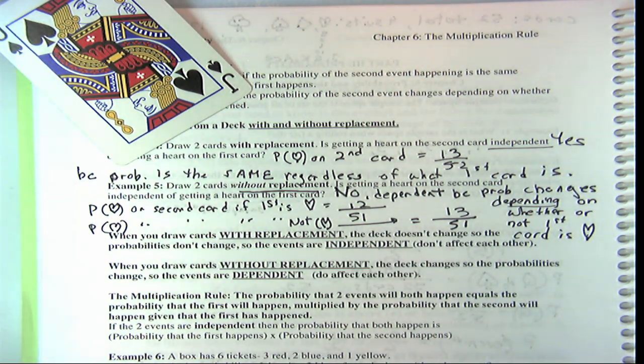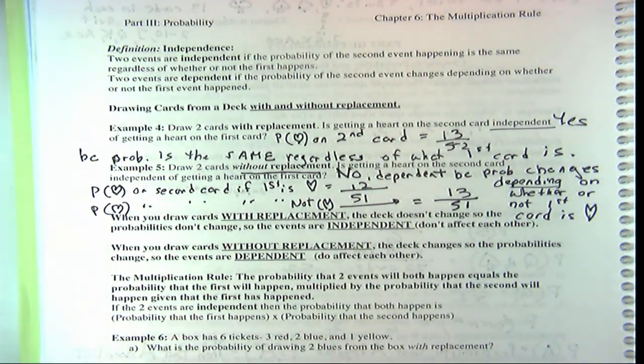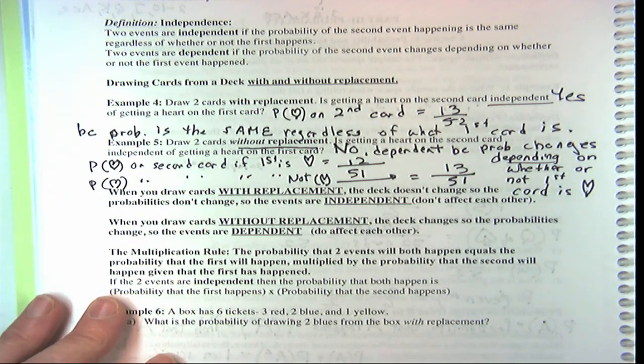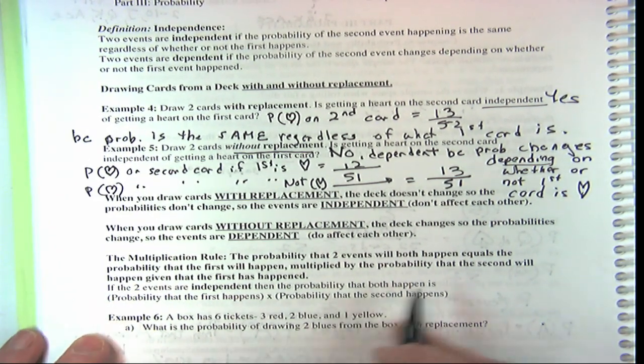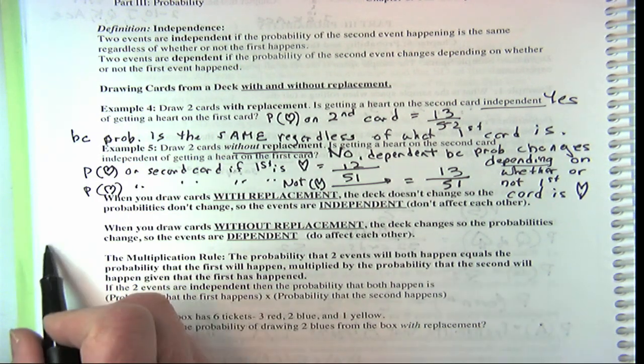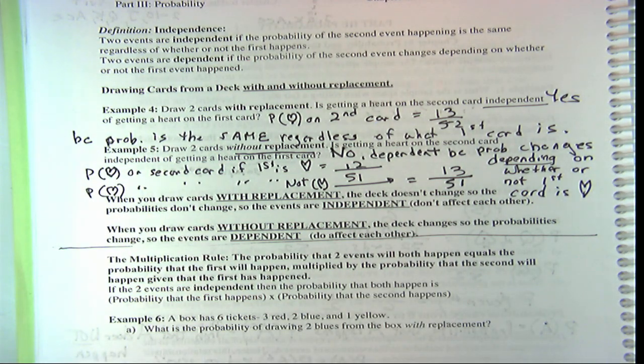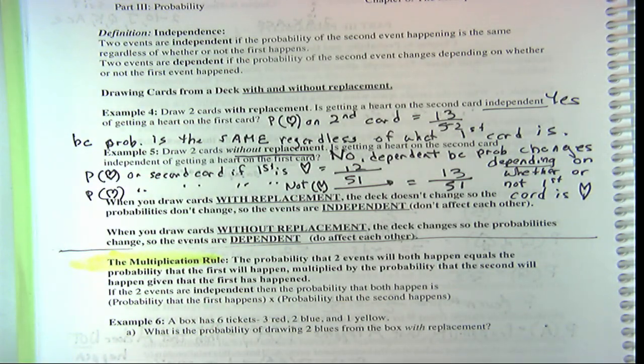Okay, so that's the idea. And now there's this multiplication rule, okay? So what is the multiplication rule? All right, so this was the independence. Now, this multiplication rule, right here, this is what I'm talking about. So what is this multiplication rule? If you're looking at the probability that two things both happen, you multiply probabilities, right?